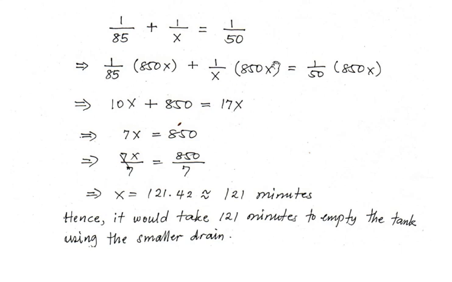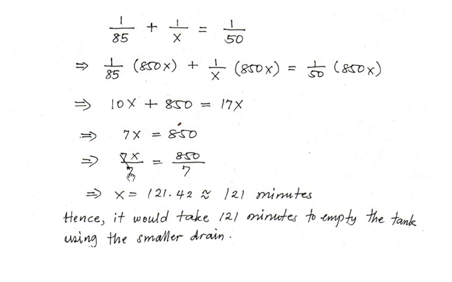This part will become 850 and this part will become 17x. Combining x, transposing, this becomes 17x minus 10x, that becomes 7x, and is equal to 850.